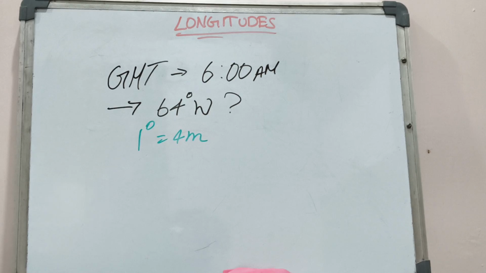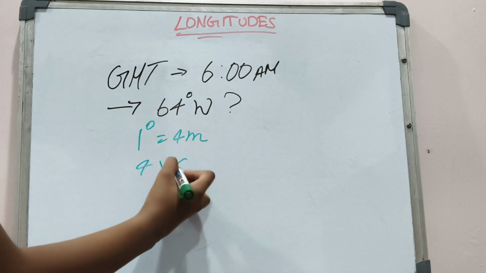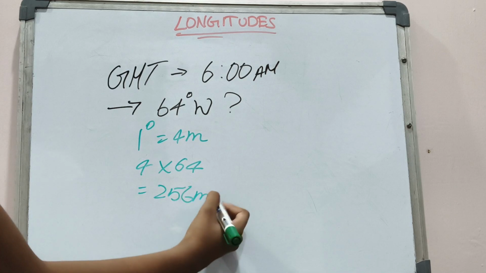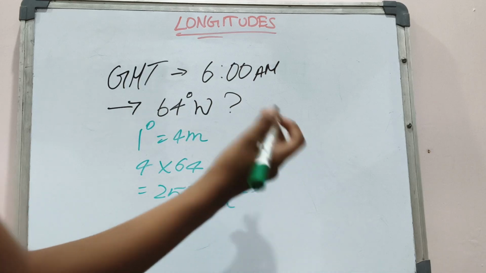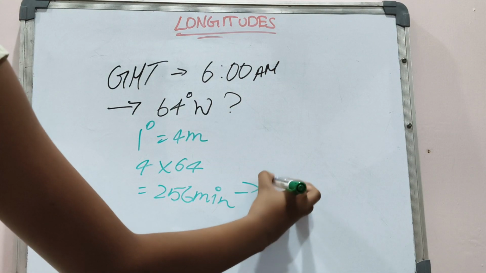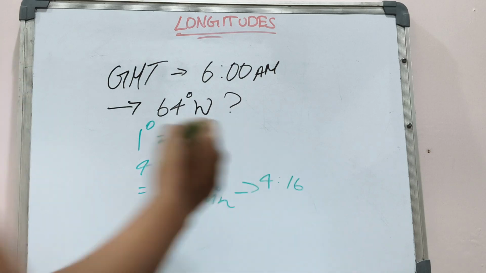As you know, 1 degree is 4 minutes, and 4 into 64 is 256 minutes. Converting this into hours, we get 4 hours 16 minutes.